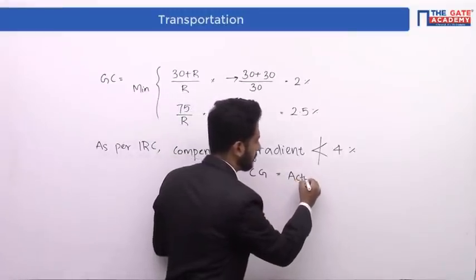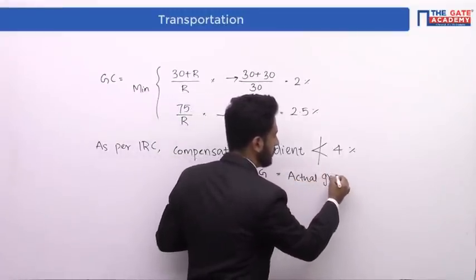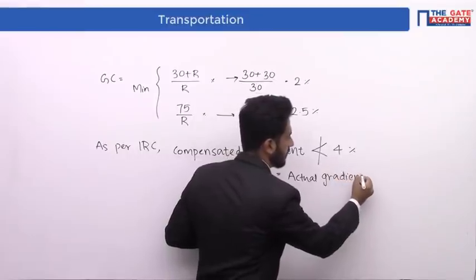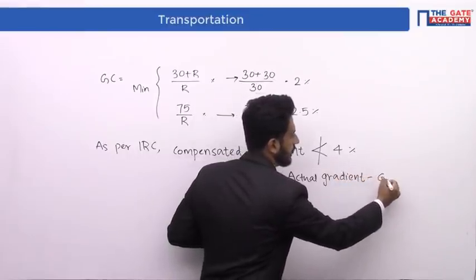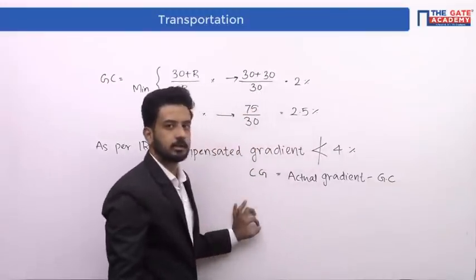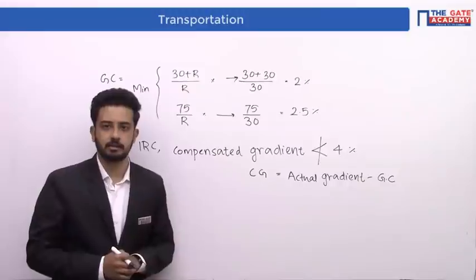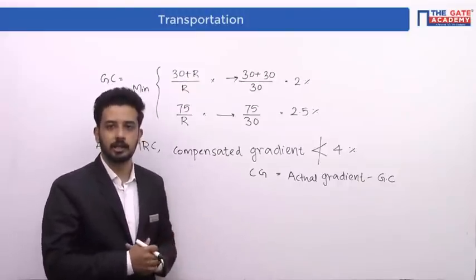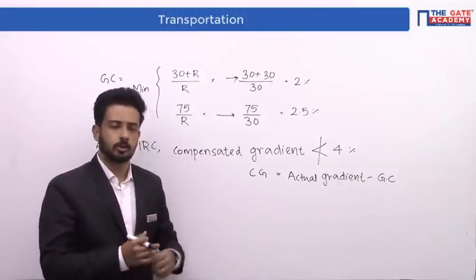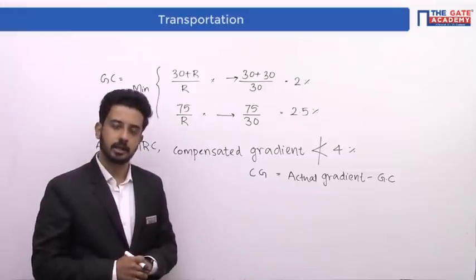What is the value of compensated gradient? Actual gradient minus grade compensation. Correct? What is grade compensation? We are decreasing the actual, existing gradient in order to minimize the loss. Correct?